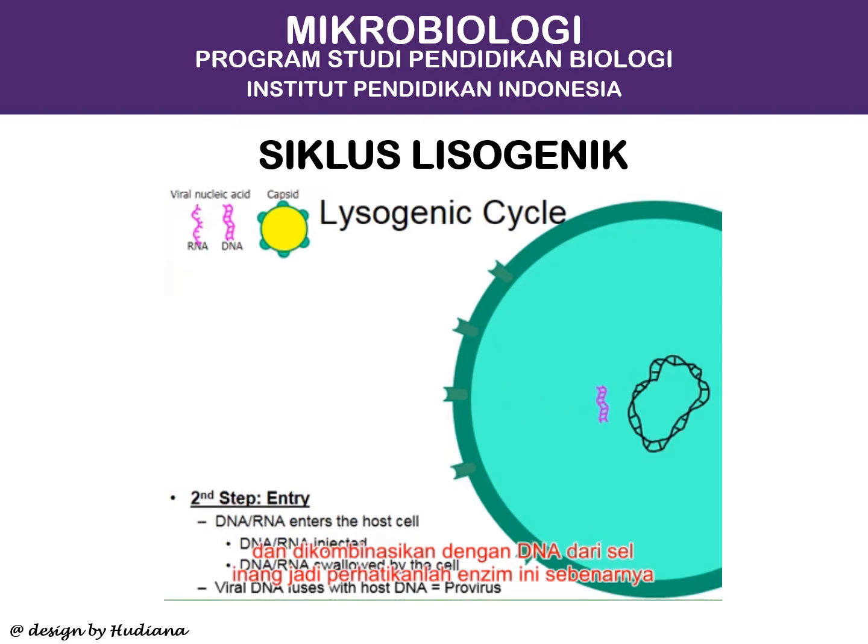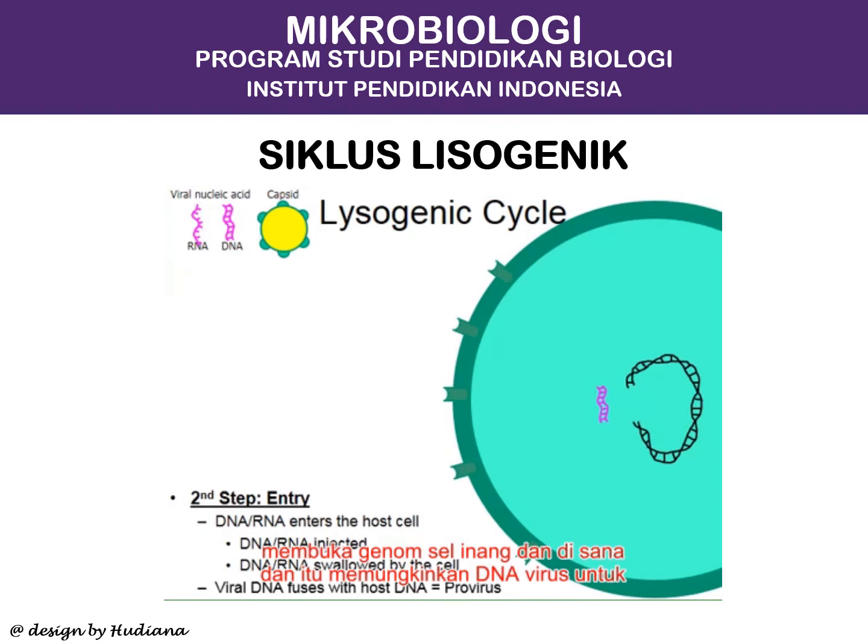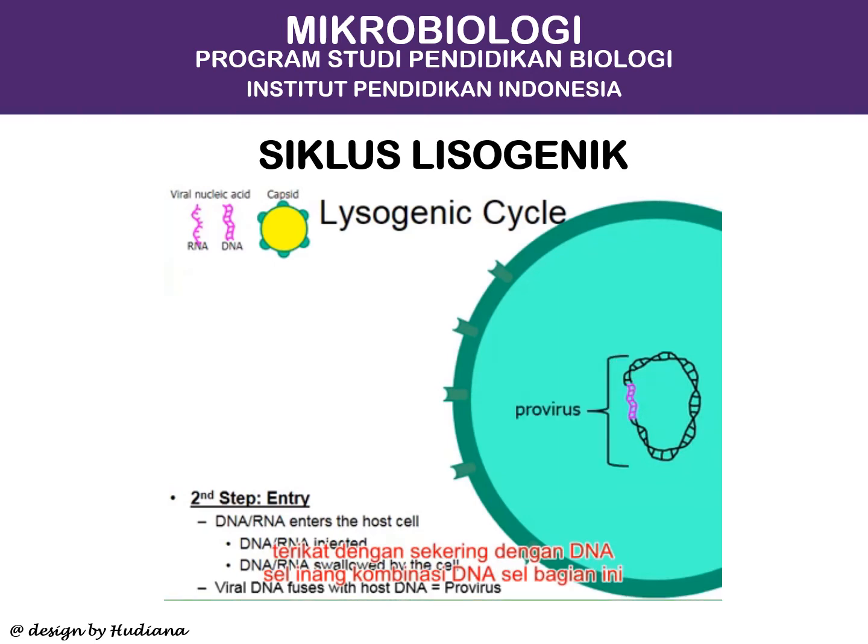Enzymes will break open the host cell's genome, and that allows the viral DNA to bond with and fuse with the host cell DNA. This combination of part cell DNA in black and part virus DNA in purple is what is called a provirus. This occurs during the entry stage of the lysogenic cycle.